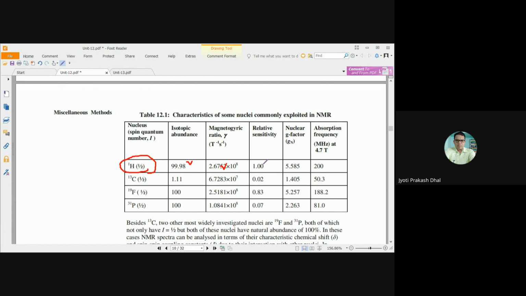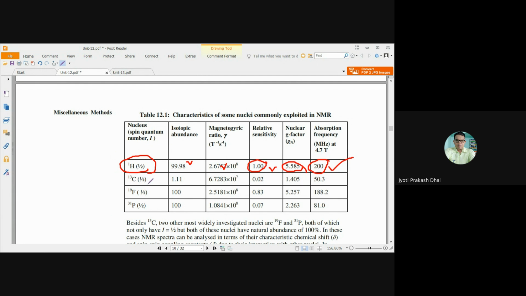Then the relative intensity, if its intensity is 100%, then its relative intensity is 1, and the nuclear g factor value for PNMR is 5.585. The observance frequency at 4.7 Tesla external magnetic field is 200 megahertz.